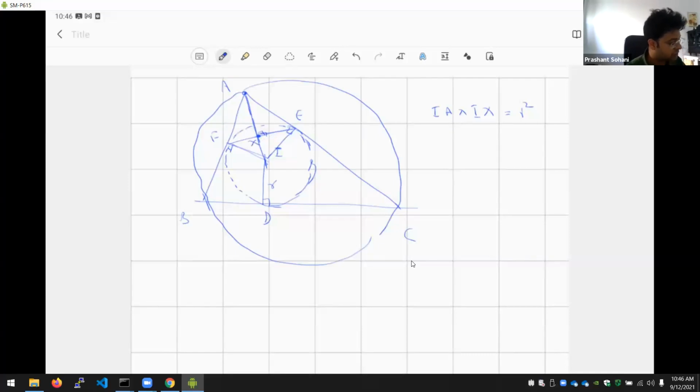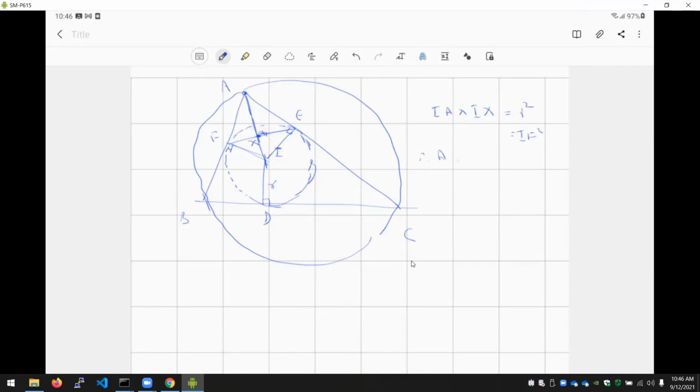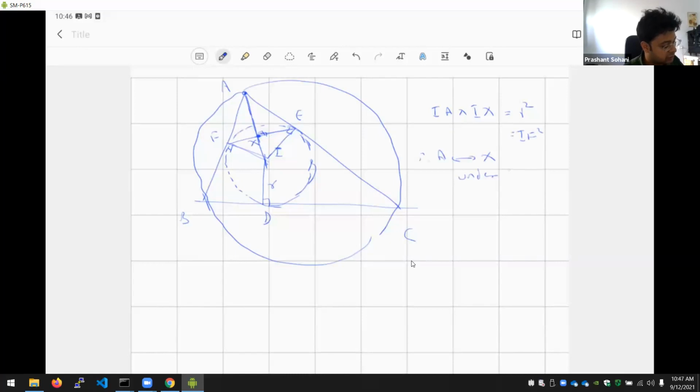So then do we already know this? IX times IA equals IX squared. Yes, sir. Okay, so then A and X are inverses under the inversion in the incircle.